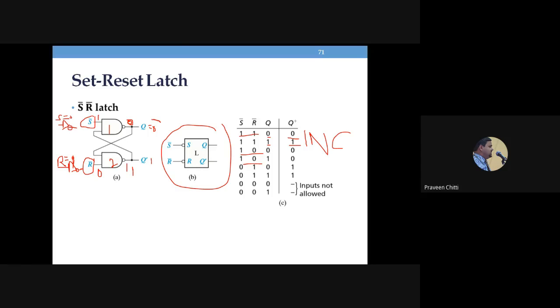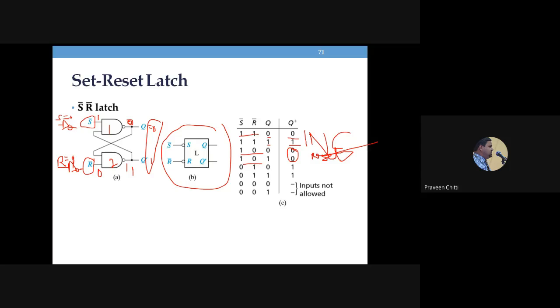That means irrespective of the previous value, when you give S bar equal to 1, R bar equal to 0, we are going to get 0 as the output, and this is called the reset state.